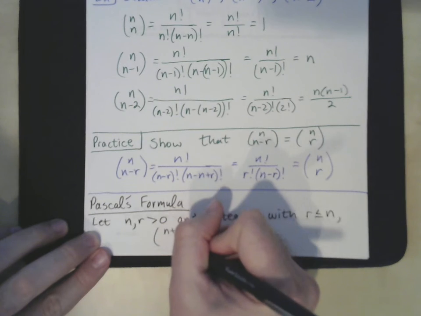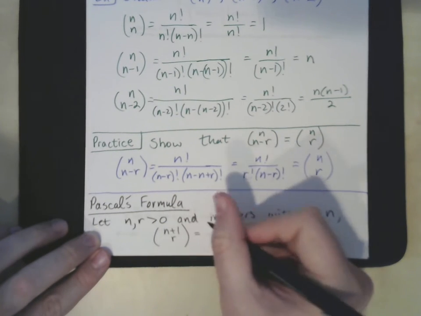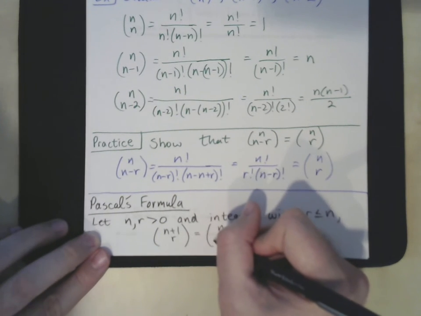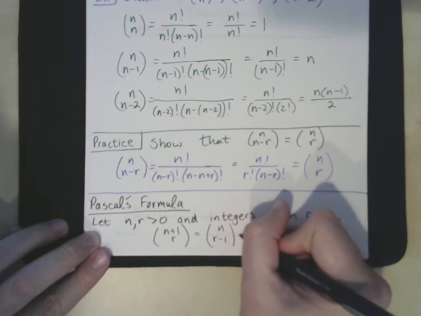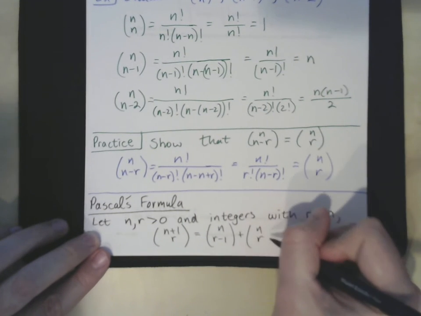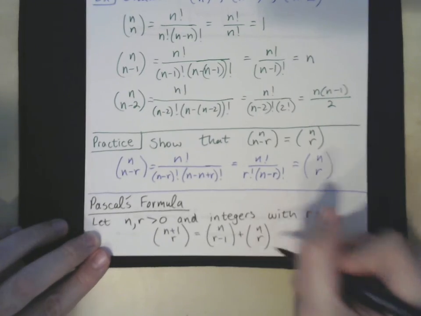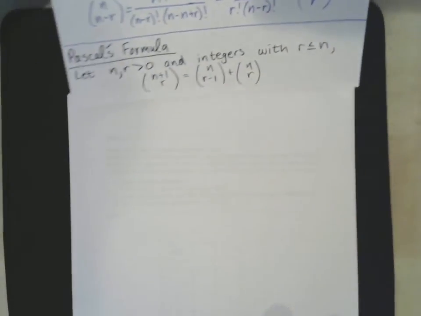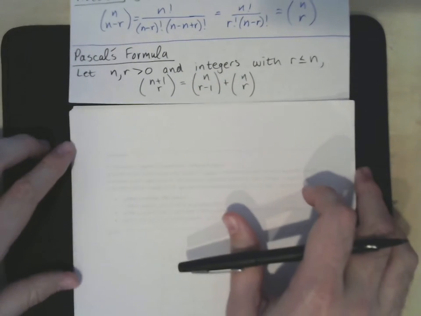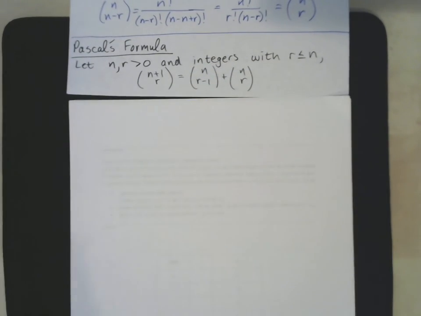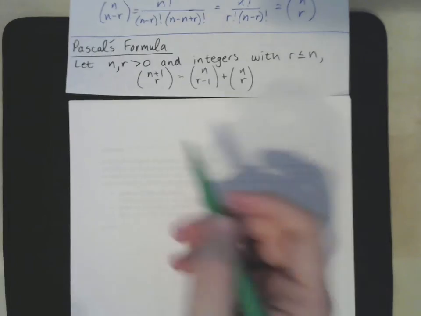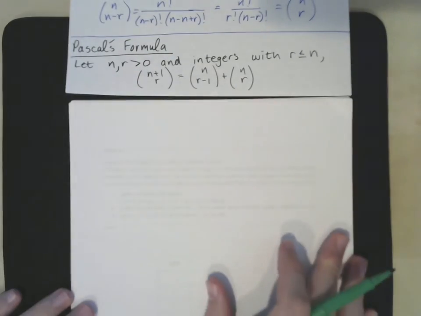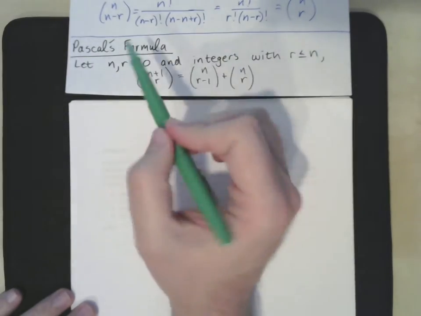Then n plus 1 choose r is equal to n choose r minus 1 plus n choose r. Now this may seem innocuous, but this is actually a really important result in combinatorics and counting. So we're going to prove this, because we can prove it with this little result that you just did on your own. This nice, very important theorem only takes this one relationship.